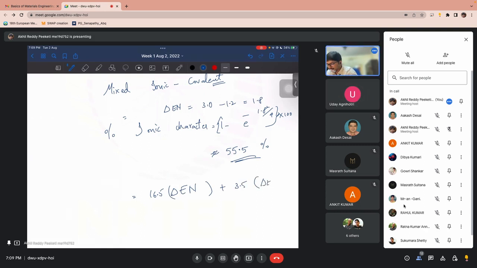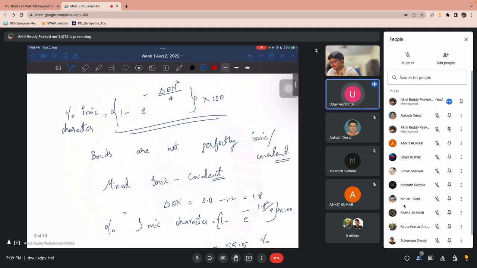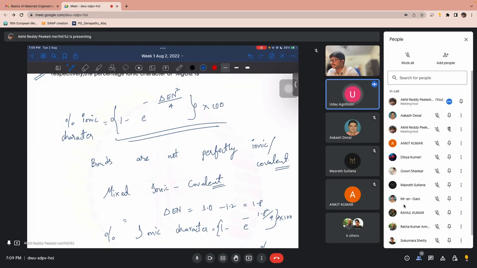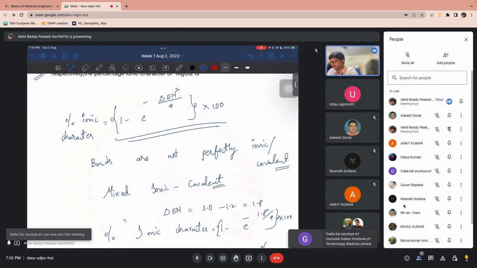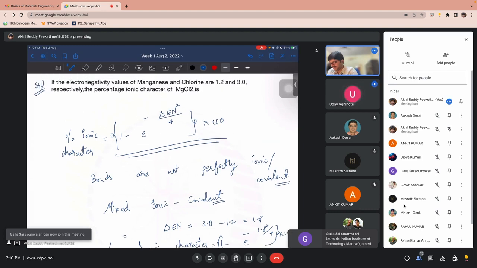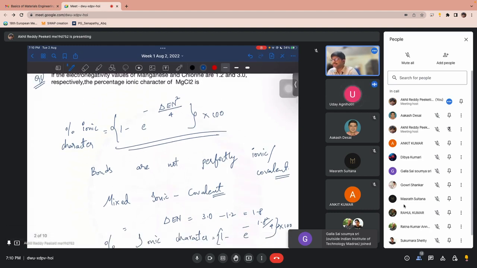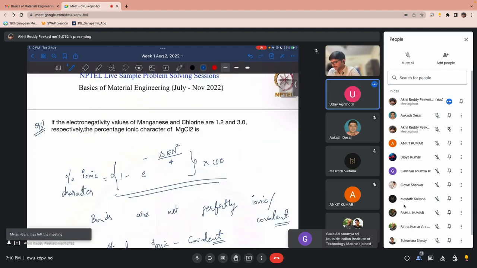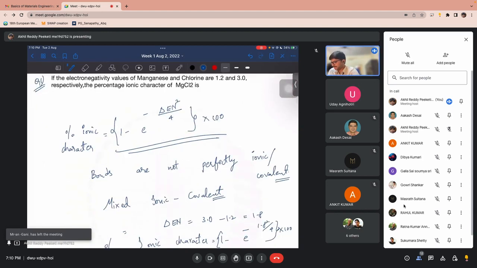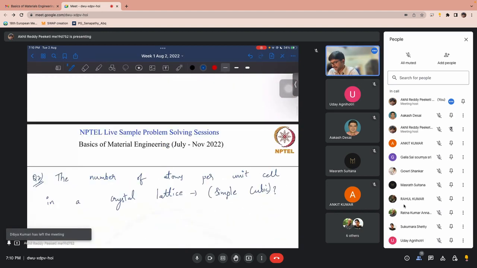Or the opposite? Yeah, 0.25 into delta n square. That's not a problem. Okay. So we can move on to the second question.